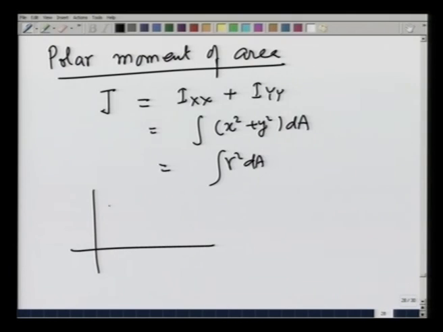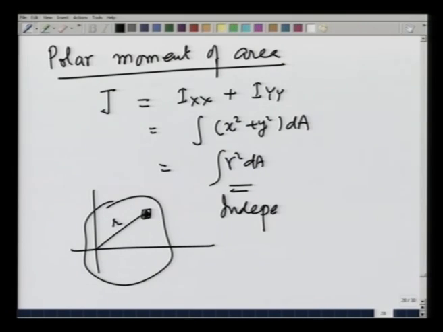Given any area, r square for a small area chosen is independent of which set of axes we are talking about. So, this is independent of the set of axes chosen.